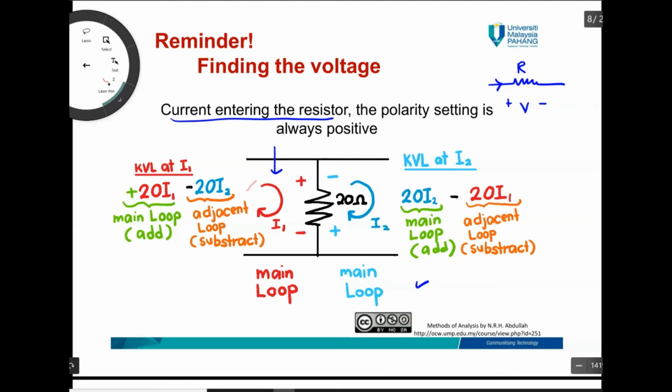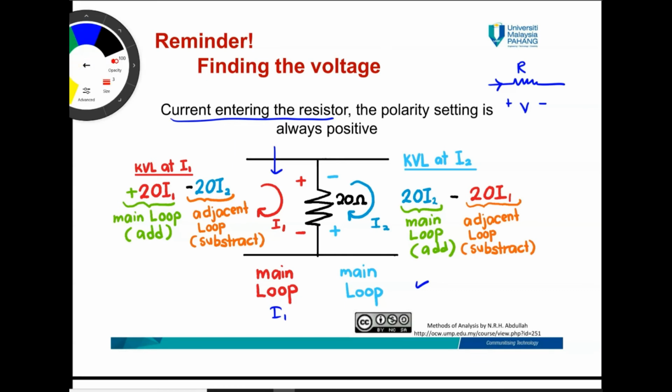you can see that the current is flowing like this. The red side will become positive, and the equation will be plus 20 times I1, because this is the first loop, which is owned by I1.